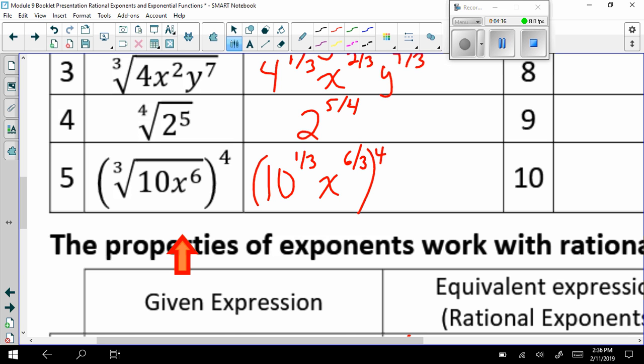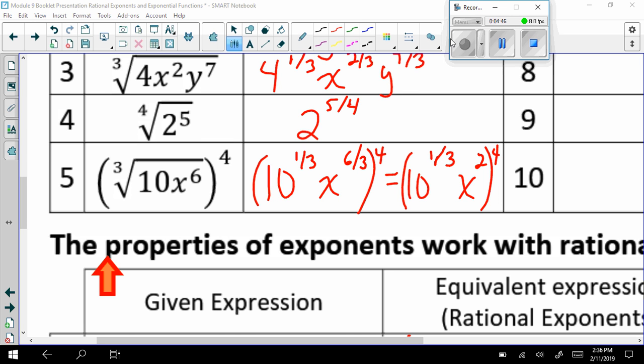And I've got to keep that 4th. So all I've done in that step is 10 to the 1/3, x to the 6/3. Now before I take care of that 4th, I'm going to simplify. That 6/3 I can rewrite as 2. So it's 10 to the 1/3, x squared, all to the 4th.